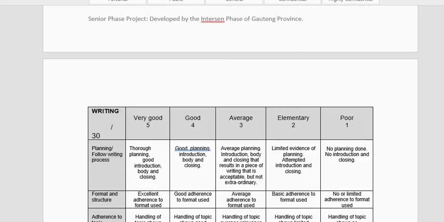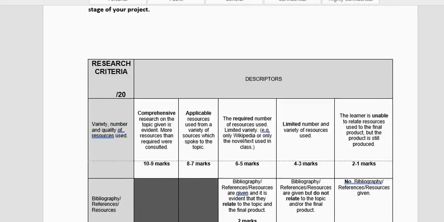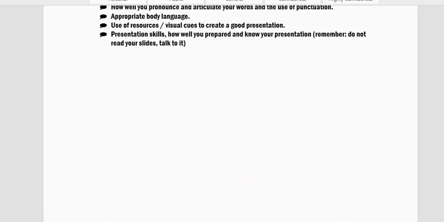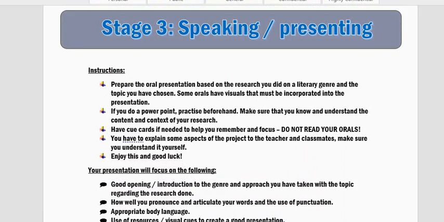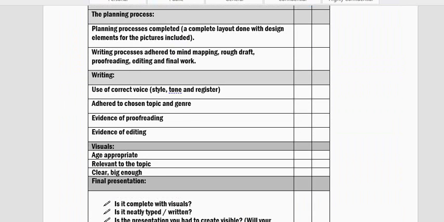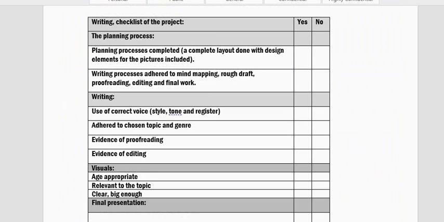So ladies and gentlemen, this is your instructional manual. It contains your rubrics, instructions on what to do during the speaking part, and a checklist example for the writing stage. You are more than welcome to design a checklist for the research part.